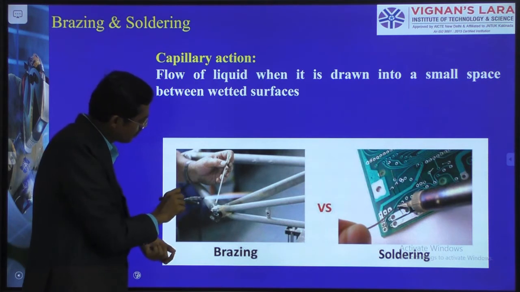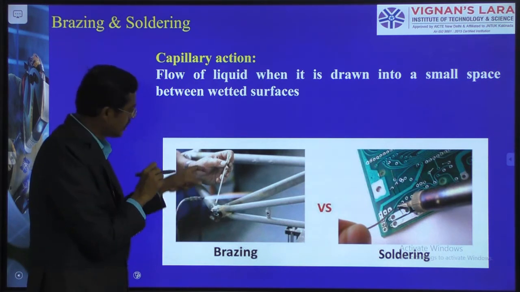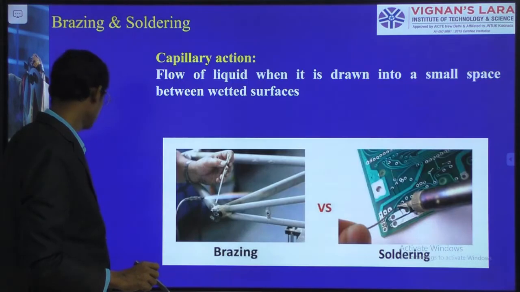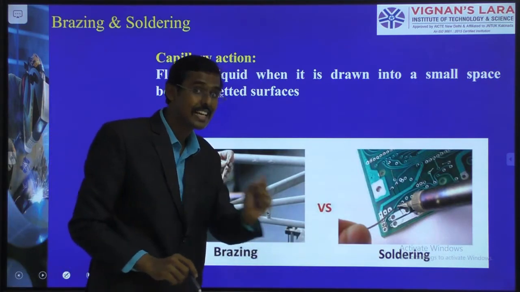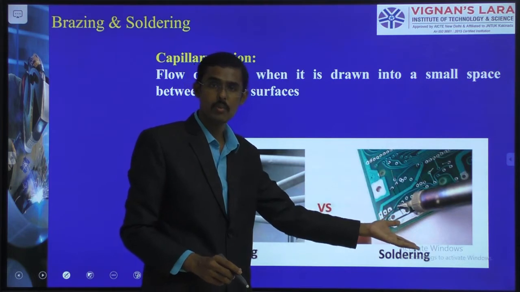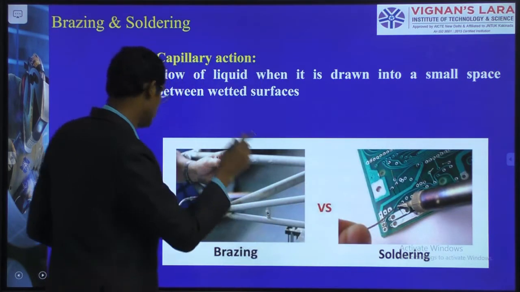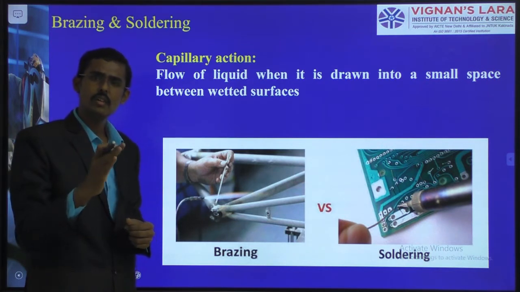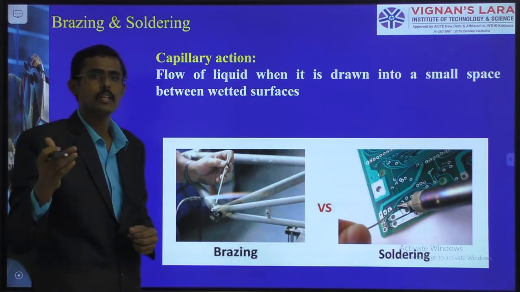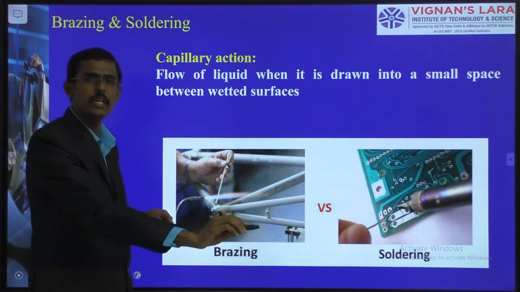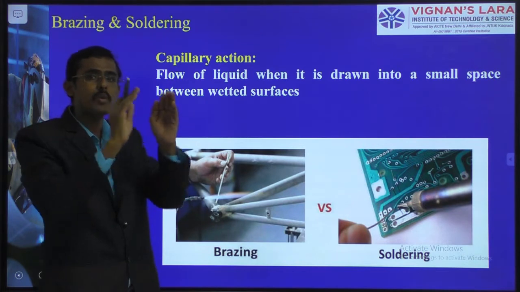With the nozzle and neutral flame, the supplied electrode is melted and deposited. In soldering, at less than 450, like the electronic board soldering at homes and mobile shops, we could have seen this process. The base metal is not melted, but the filler metal is melted, goes inside, is deposited, and solidifies, so the gap is filled.